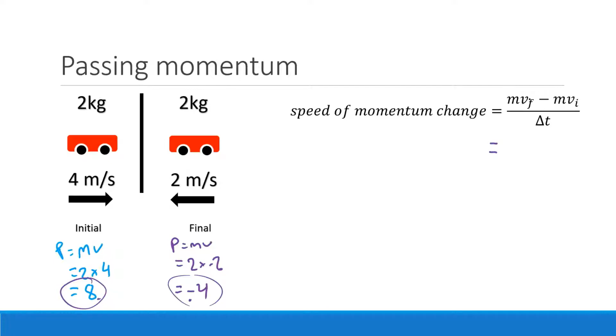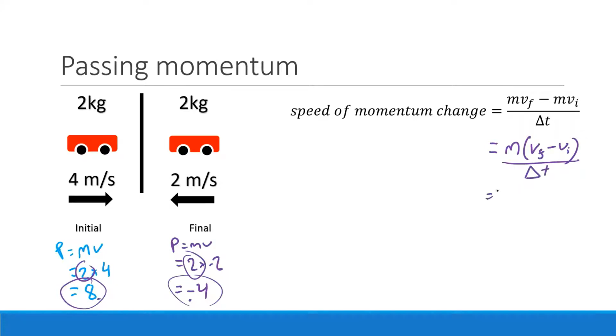We know that the final speed and the initial speed are both being multiplied by the same mass, 2, 2. So we could actually rewrite this as mass times the final speed minus the initial speed, over delta t.